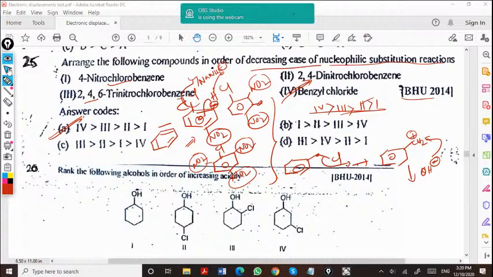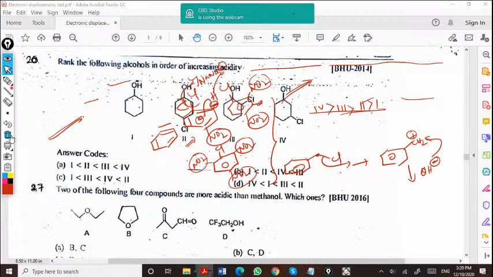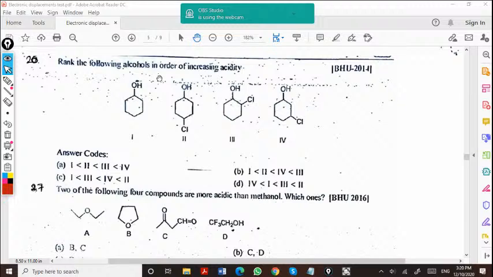Next, rank the following alcohols in increasing order of acidity. So it is acidity, which goes with anion stability. If it is chlorine, it is a withdrawing group. There is no mesomeric effect here because it is not conjugated, so only the withdrawing effect applies.